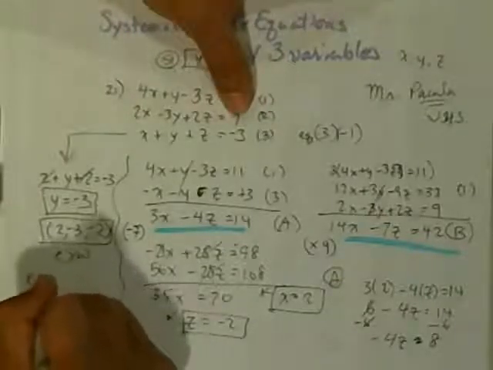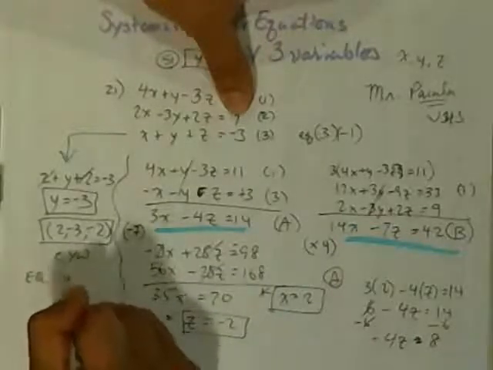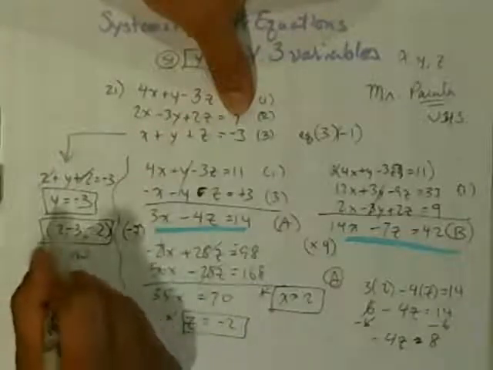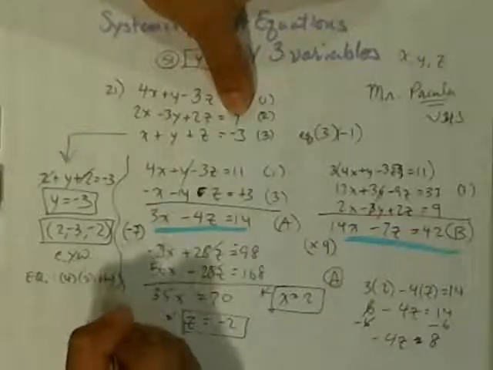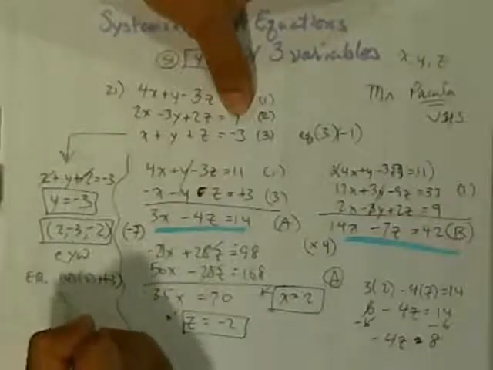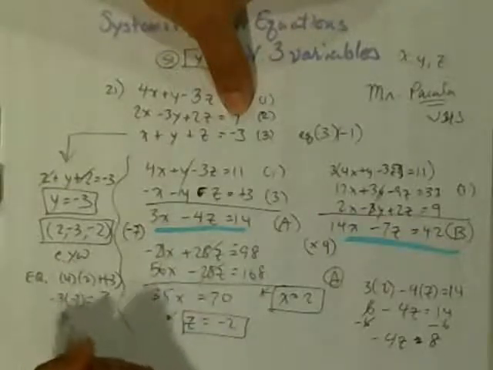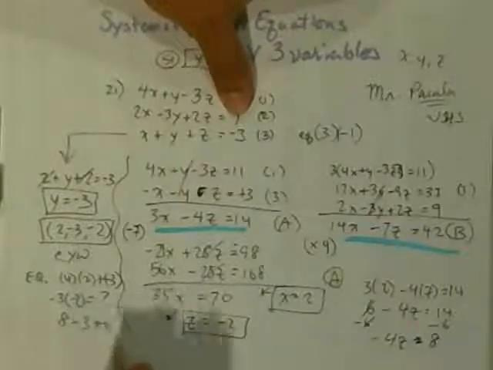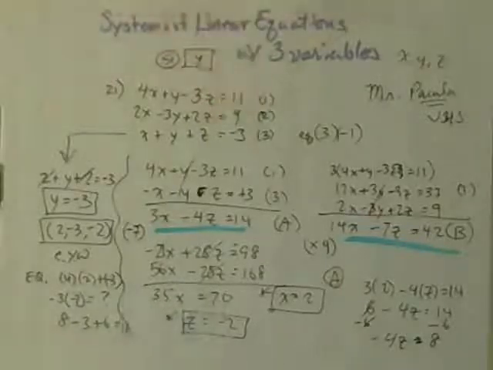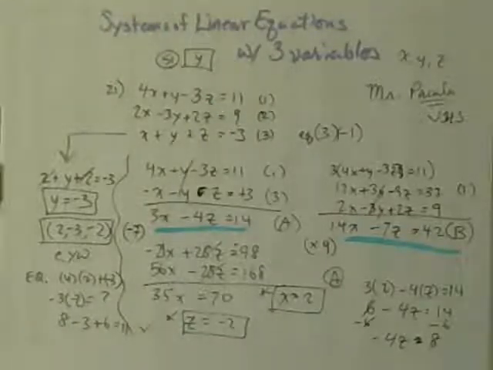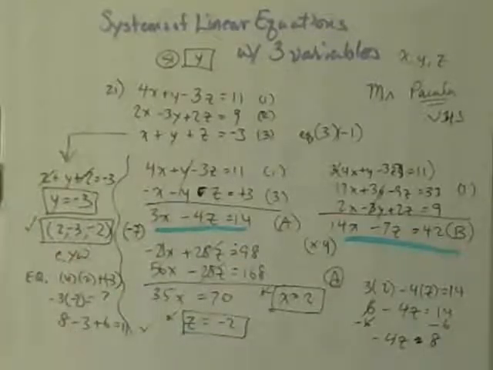So using equation 1, I get 4 times x, which is 2, plus negative 3, minus 3 times negative 2 equals what? 4 times 2 is 8, minus 3 plus 6. 8 minus 3 is 5, 5 plus 6 is 11. Woohoo! We got it just right. So this one worked out. We checked our work, and there you have it.